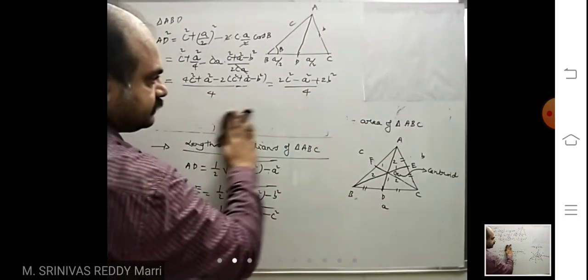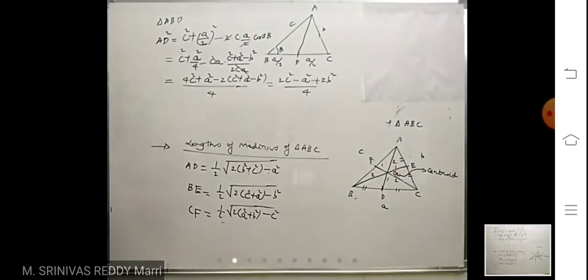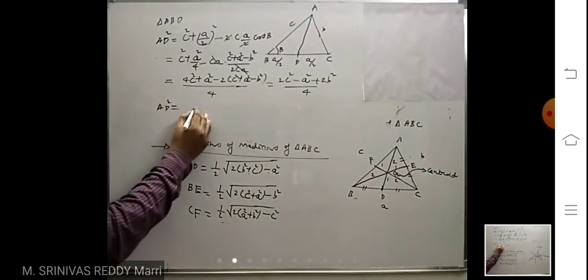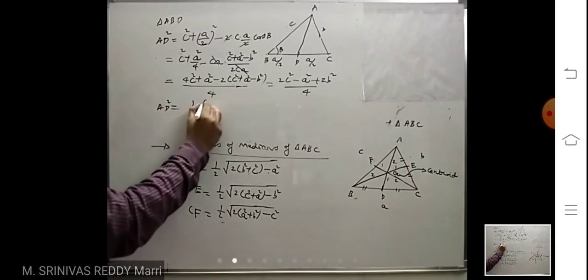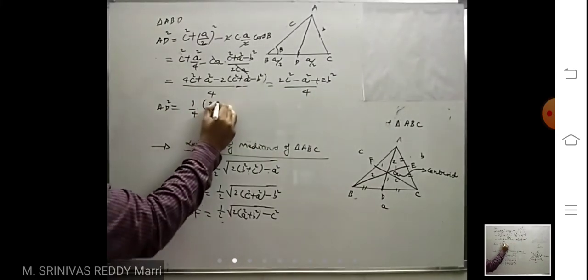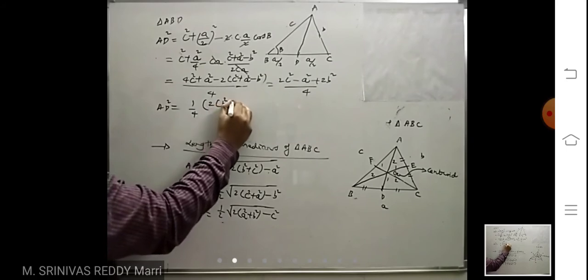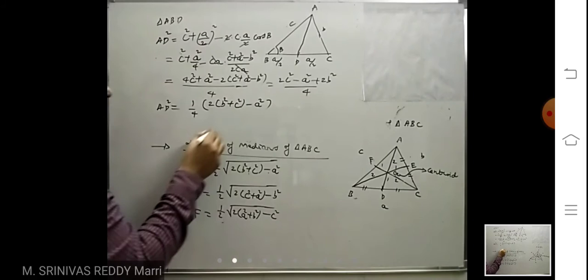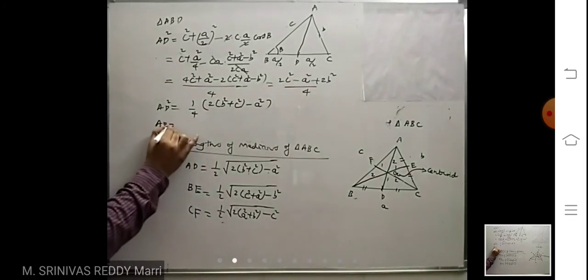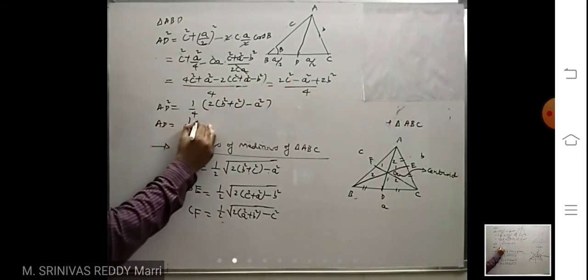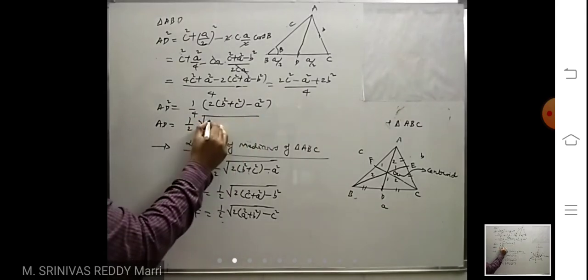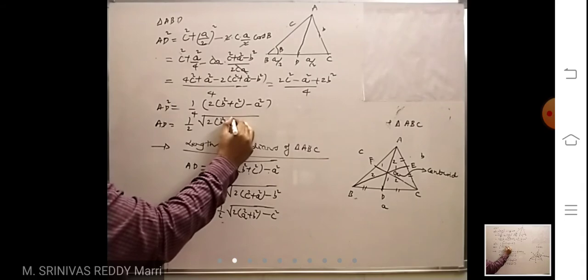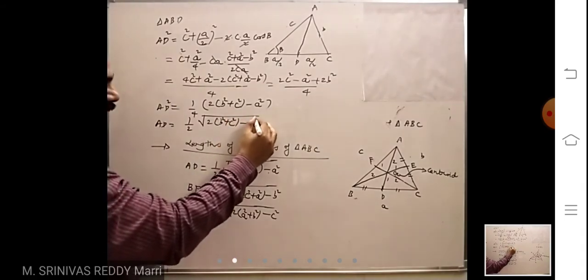Now AD square is nothing but 1 by 4 into, taking 2 common, 2 into (B square plus C square minus A square). Therefore AD is 1 by 4 root, meaning 1 by 2 into root of 2 into (B square plus C square minus A square).